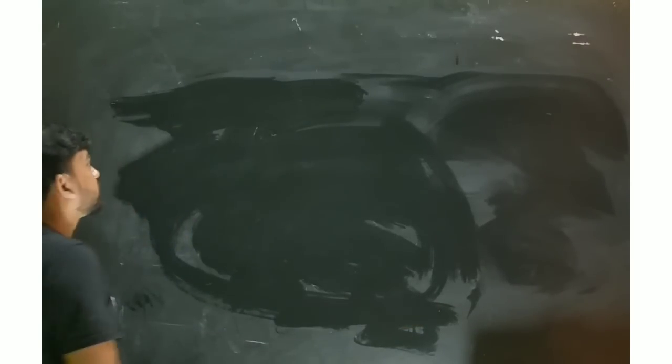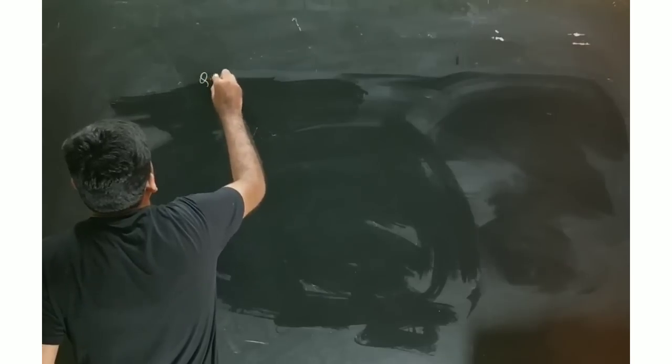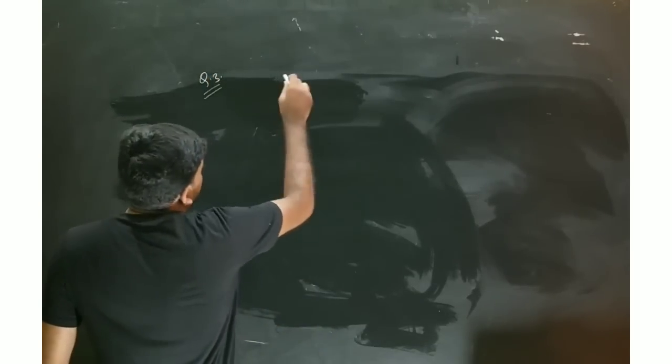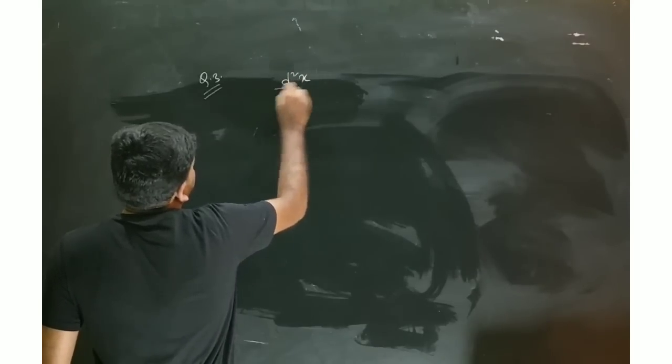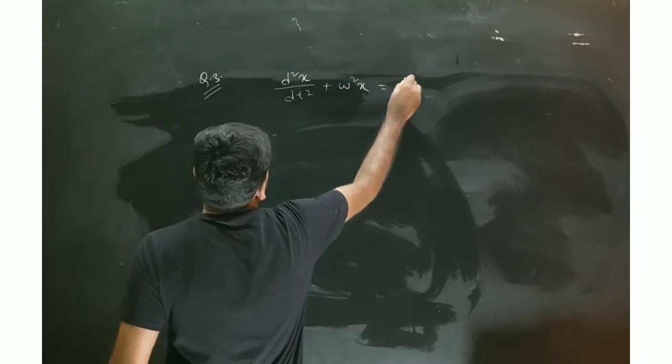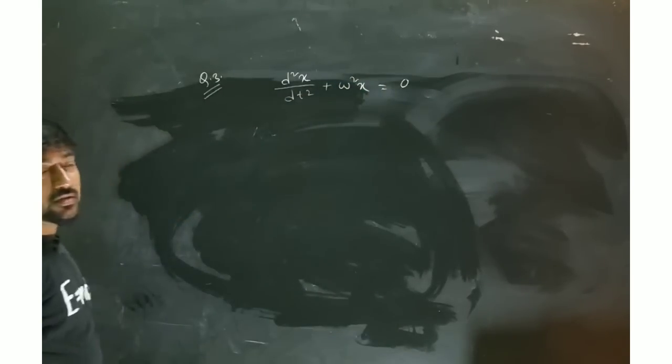So now let me solve question number 3, and this is a very popular equation I am going to solve. This is known as the equation of SHM, that is d²x/dt² + ω²x = 0. Now, what is the symbolic form?